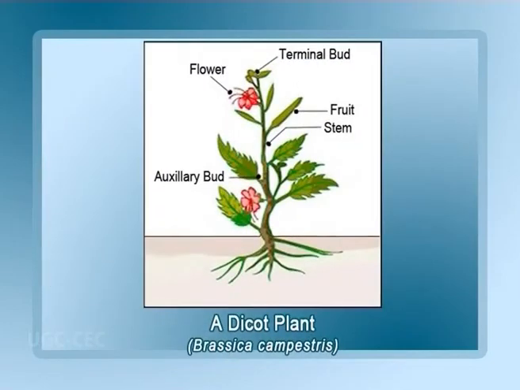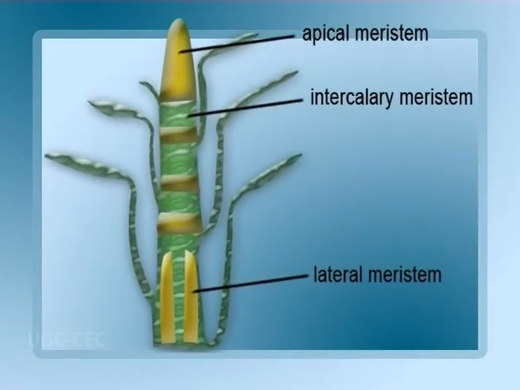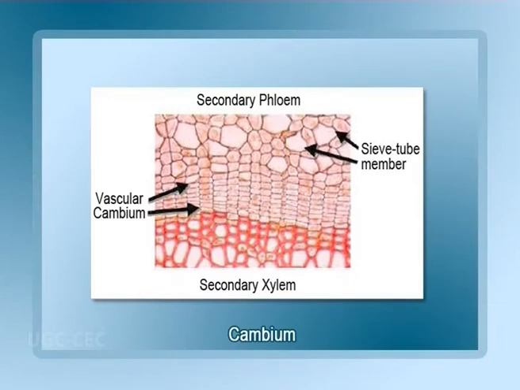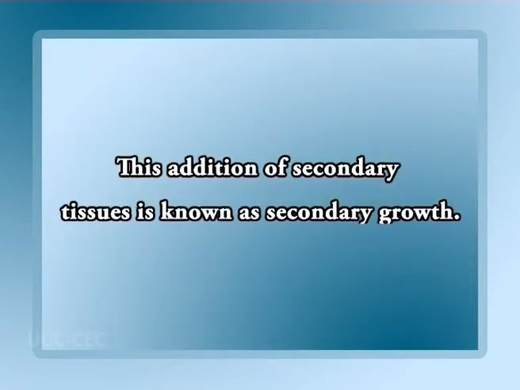Now, secondary growth. In dicotyledons, secondary tissues are formed as a result of activities or divisions in the lateral meristem, that's vascular cambium and cork cambium. These secondary tissues result in an increase in thickness of the plant. This addition of secondary tissue is known as secondary growth.